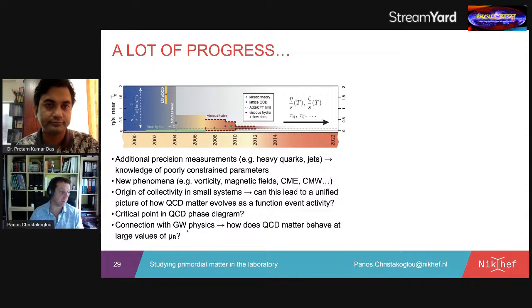For example, in neutron star mergers that produce gravitational wave signals, we might have the formation of a deconfined state of matter, the signatures of which can be reflected in the gravitational wave signal. Which makes the connection between the two fields of research quite interesting to pursue.